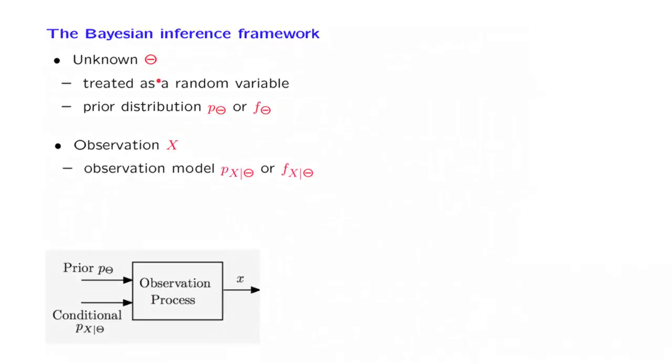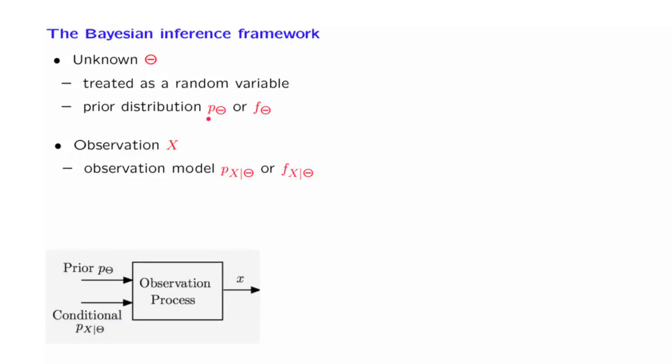And then we obtain some data which are some observation. That observation is a random variable, but when the process gets realized, we observe an actual numerical value of this random variable. The observation process is modeled, again, in terms of a probabilistic model. We specify the distribution of x, but we actually specify the conditional distribution of x. We say how x will behave if theta happens to take on a specific value.